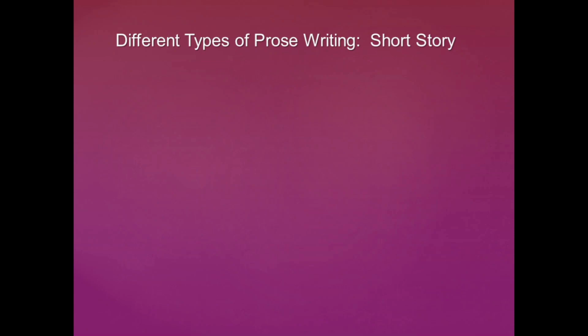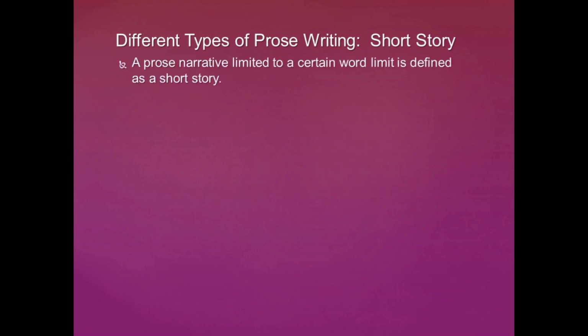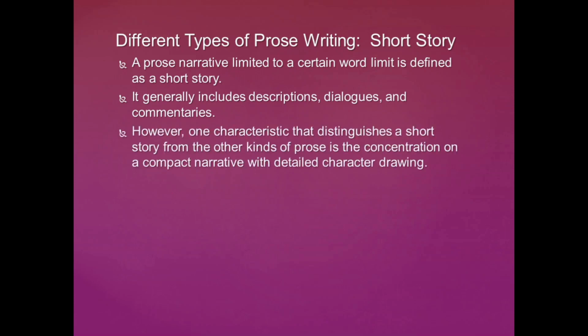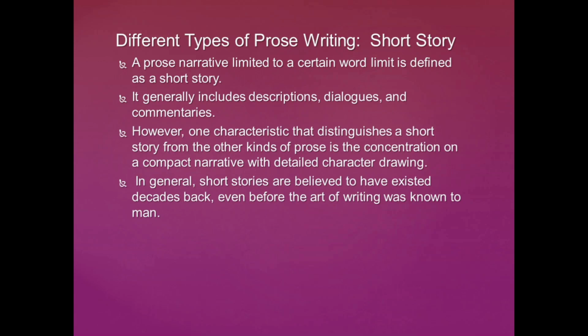Another type of prose writing is the short story. A prose narrative that is limited to a certain word limit is defined as a short story. It generally includes descriptions, dialogues, and commentaries. However, one characteristic feature that distinguishes a short story from other kinds of prose is the concentration on a compact narrative with detailed character drawing.